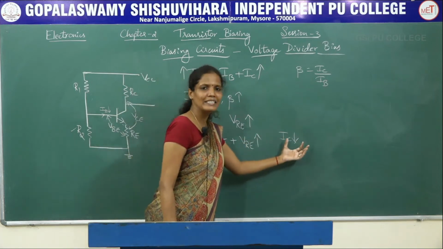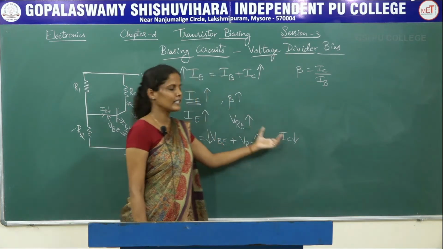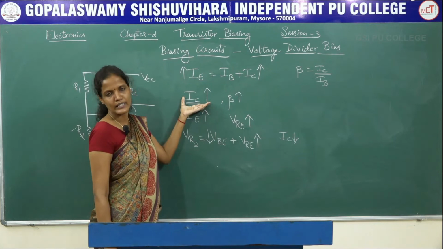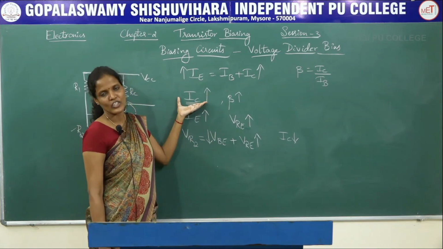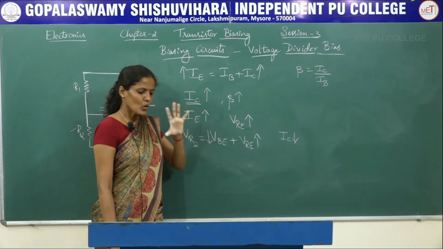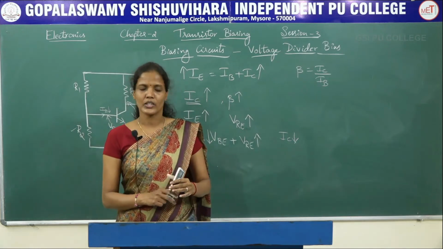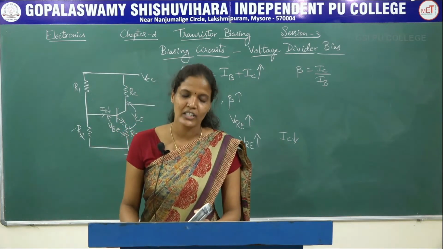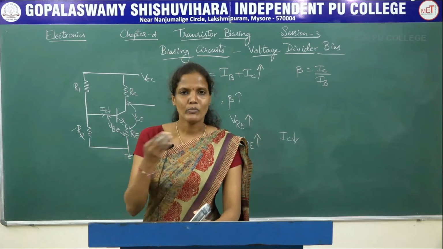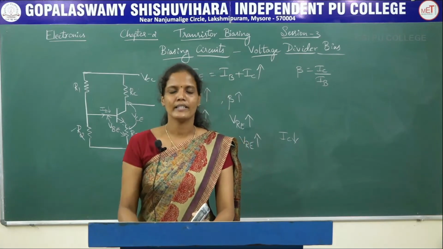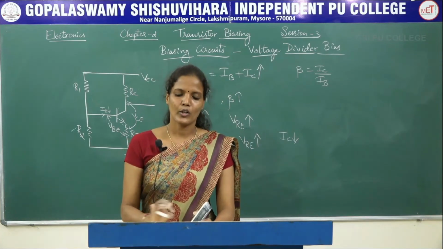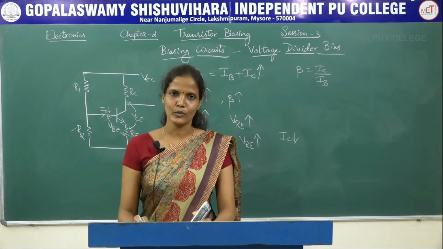There will be a proportional decrease in the collector current compared to the increase in the collector current whenever there is a change in temperature. So whenever the transistor comes across this change in temperature, it automatically compensates itself and maintains a stabilized value, or maintains its stability, as we can say.